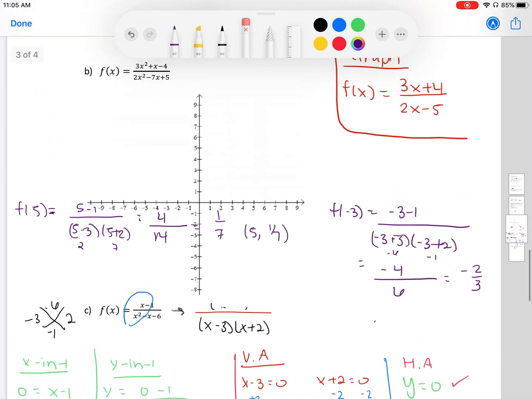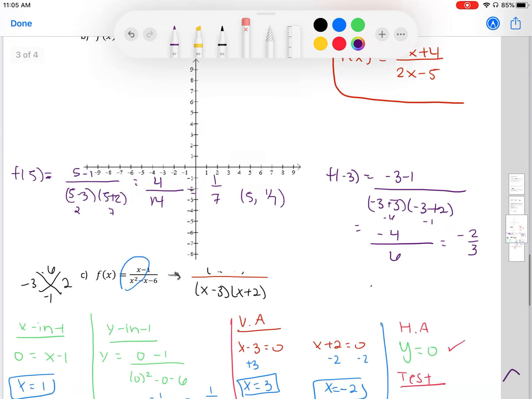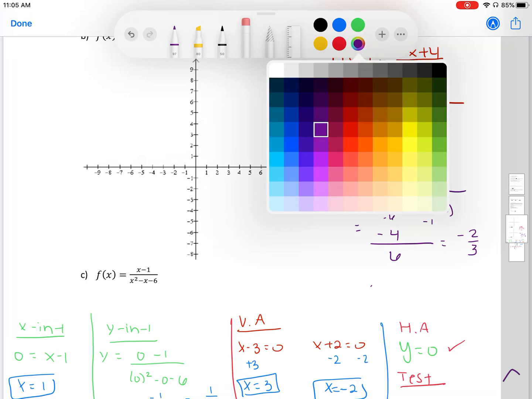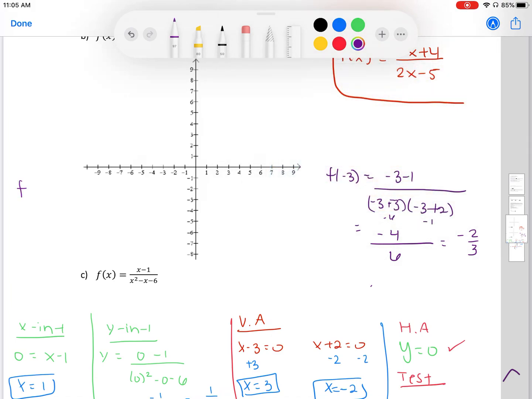So if we test the number 2 into our function, we're almost out of space. Let me erase our previous work. If I test the number 2 into our function, f of 2 is equal to 2 minus 1 divided by 2 squared minus 2 minus 6.